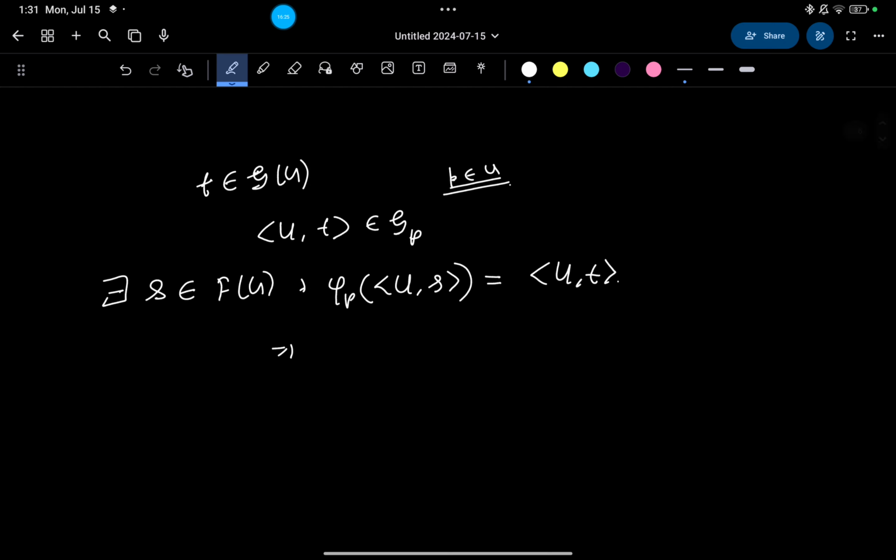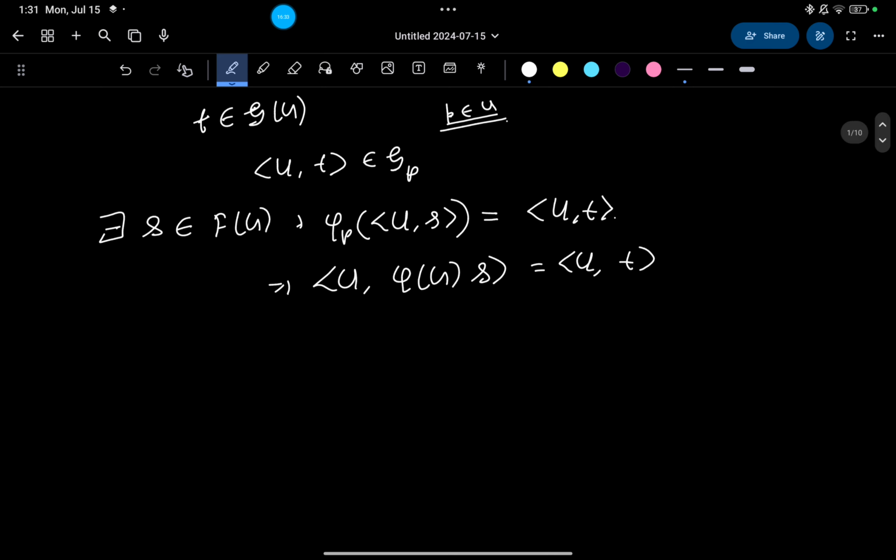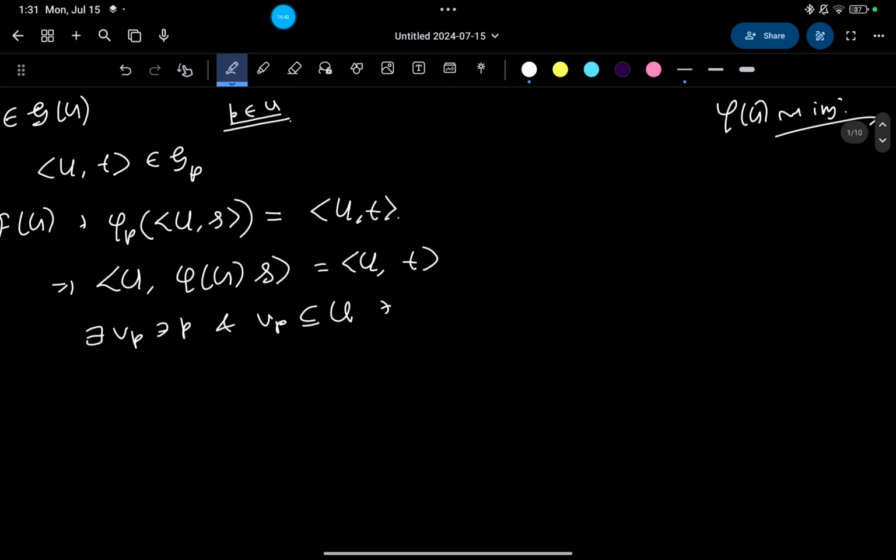So that means (u, phi u of s) equals (u, t). That means there exists Vp containing p, with Vp inside u, such that phi u of s minus t restricted to Vp is 0.